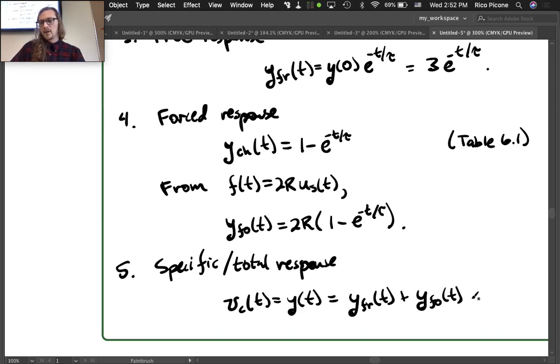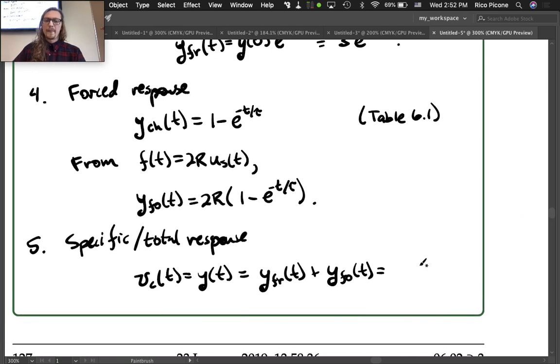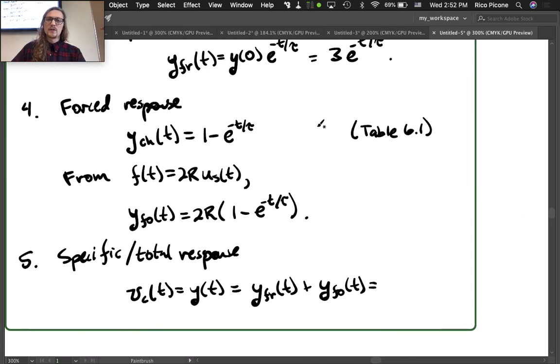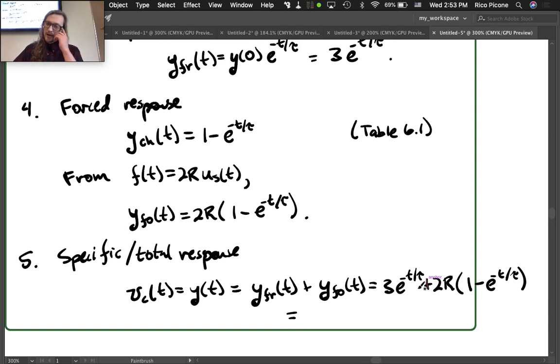So we just need to add those two terms: 3 e to the minus t over tau plus 2R times 1 minus e to the minus t over tau. You could rearrange that if you like to get the two exponentials together. It's probably a good idea. So it would be 2R plus 3 minus 2R times e to the minus t over tau.